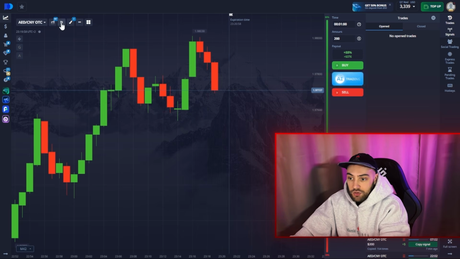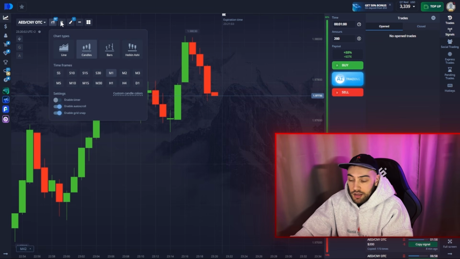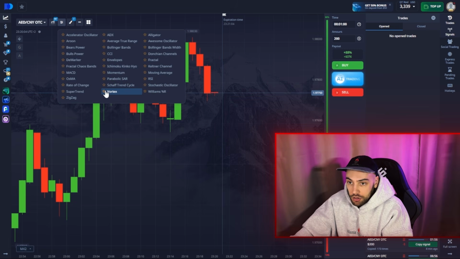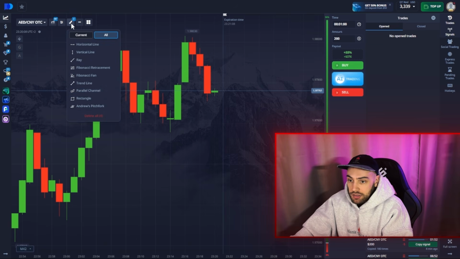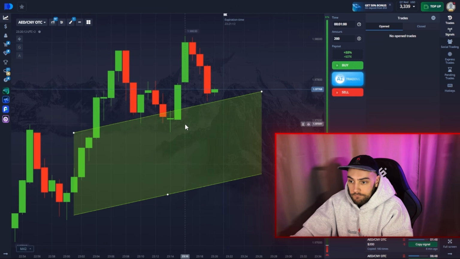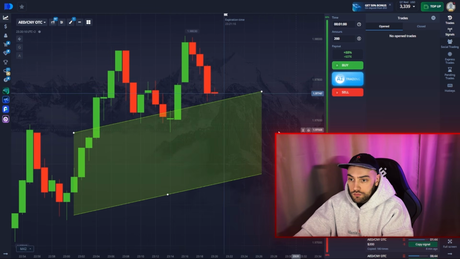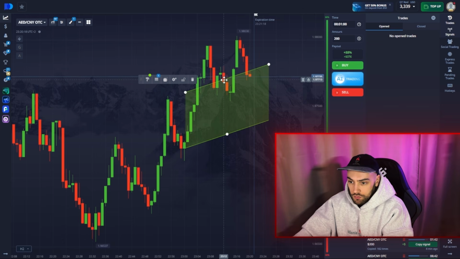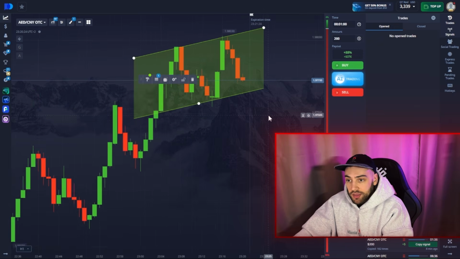Here I have a 1 minute time frame set, and let's select and mark parallel channels. Basically, take a segment and place it like this and trade within this range.